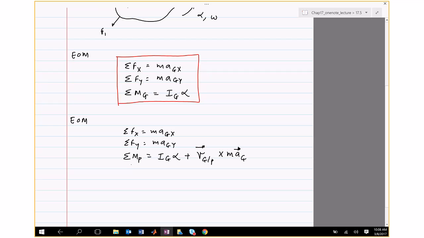This looks like a scalar, this looks like a scalar, and this looks like a vector. But really this will be in the k direction. k is a vector which points out of the plane of the paper. So let me rewrite that.